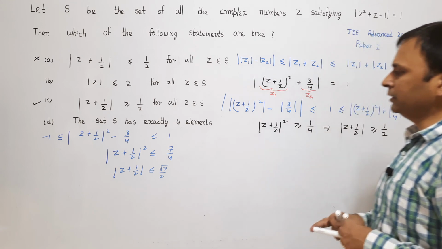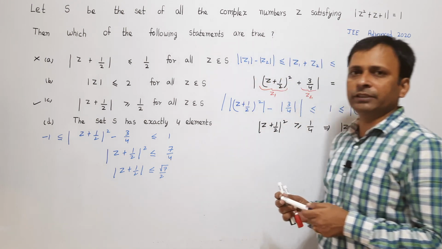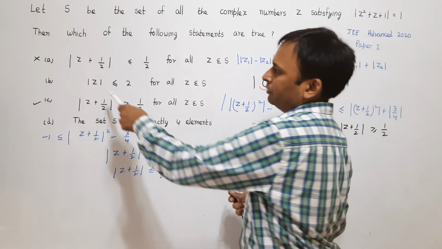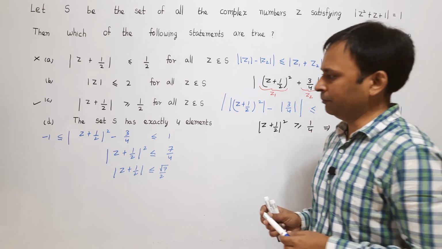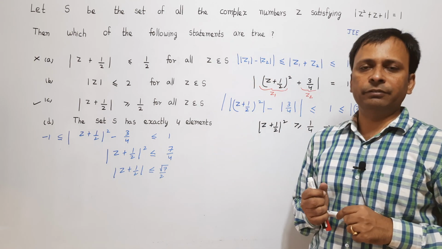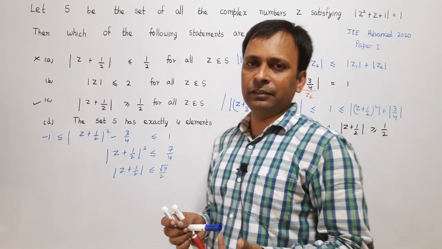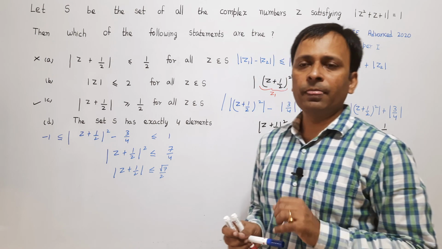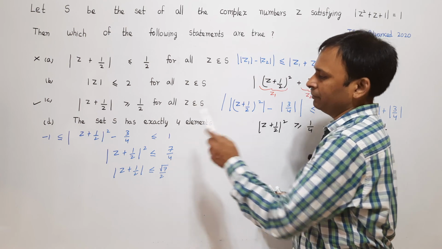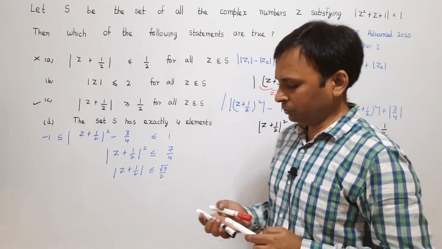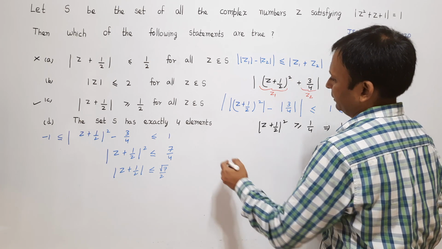Now here if you see, what does this actually represent? If I see in the coordinate application, because I have to find out option B, I will look at it from the point of view of z. So what would this z represent in this particular inequality? It would represent the region inside the circle, or on the circle, which has center z equal to minus 1 by 2 and radius equal to root 7 by 2. So if I draw the region in the Argand plane, it would look something like this.